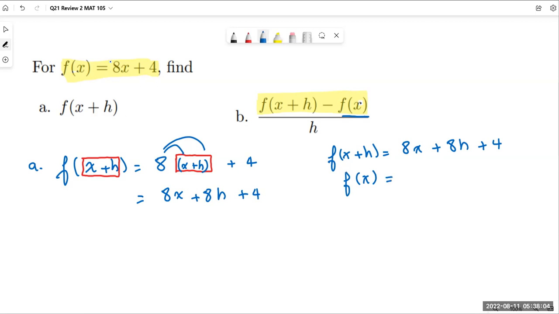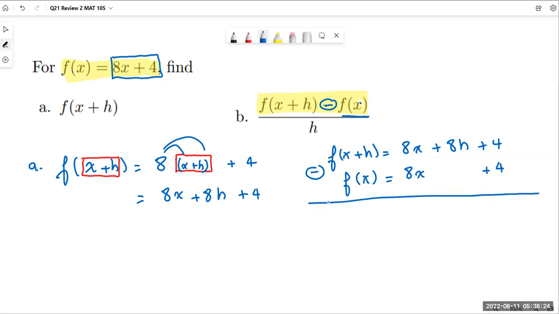And f of x is nothing other than 8x plus 4, right? So I'm going to write 8x under the x variables, right? 8x under 8x. The 4, I'm going to write it down under the 4. So if I do the subtraction right now, what's going to happen? The like terms will cancel out.